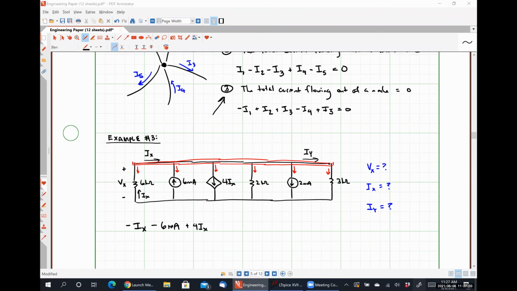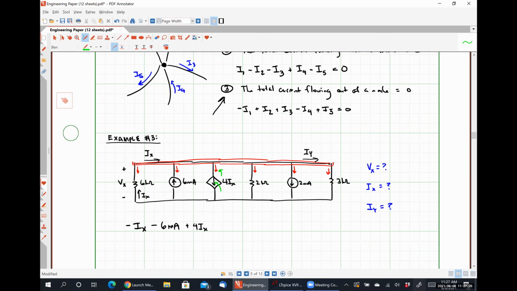All right, so the question is, why is it positive 4Ix? All right, Mr. Wills, the reason it's positive 4Ix is because the arrow associated with the current source is in the exact same direction as the arrow that, for our convention, tells us which direction is positive.